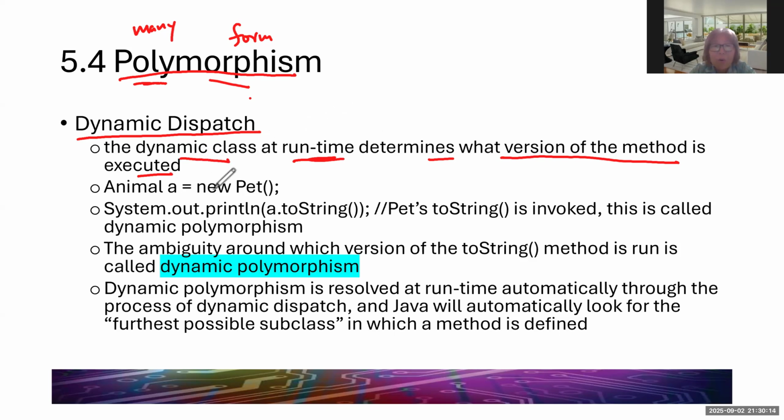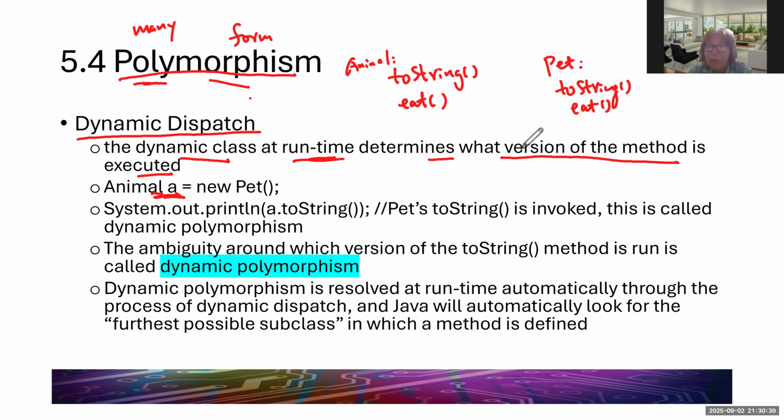Because you see, for A the static type is Animal. Animal has its own toString method, and Animal also has an eat method. And then in our Pet, we also define the toString method and the eat method, through the override annotation.